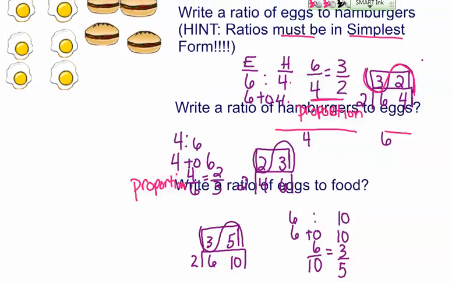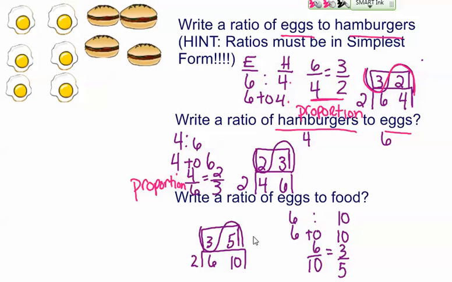On the last one, write a ratio of eggs to food. There's 6 eggs and there's 10 food items. 6 eggs here, 4 hamburgers, that's 10. So we write 6:10, 6 to 10, or 6/10.